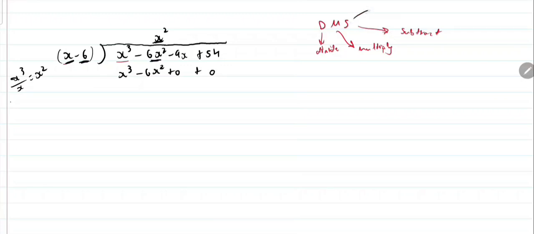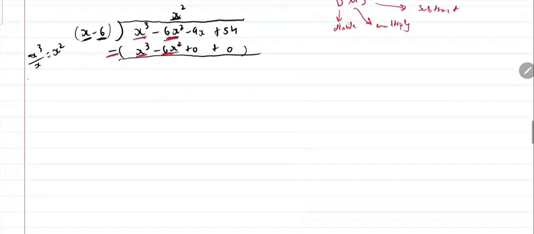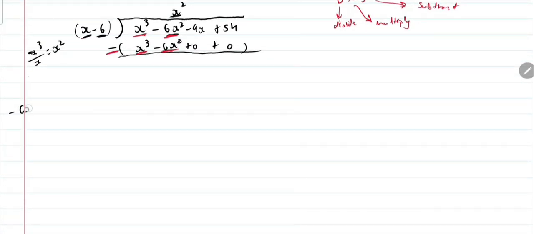Now what do we do? We subtract, right? Subtract. X cubed minus x cubed is 0, right? Minus 6x squared minus minus 6x squared. Let me write it down, right? Minus 6x squared minus 6x squared.